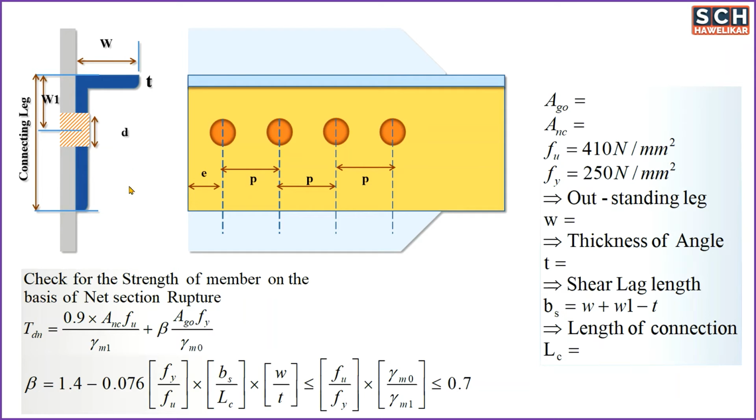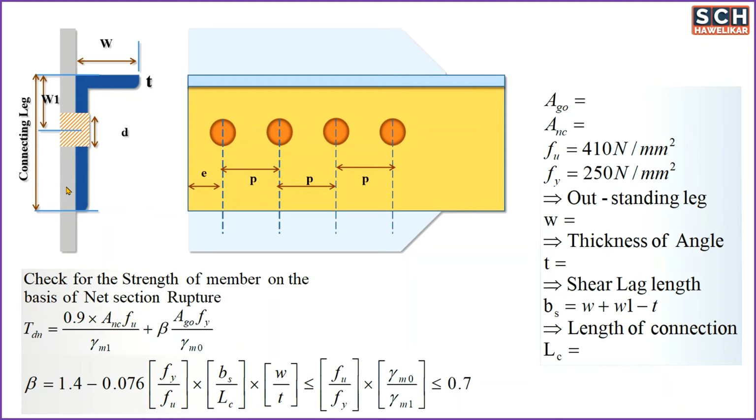W is nothing but the outstanding leg, and W1 is the distance from the center of the bolt hole to the edge of the angle. In this case, AGO is nothing but the gross area of the outstanding leg.